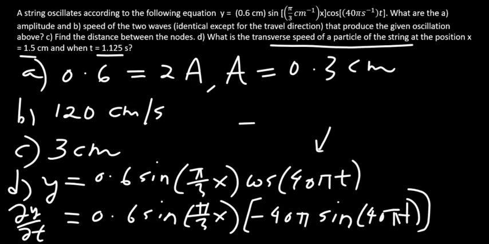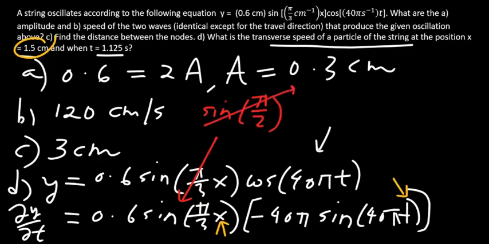Now let's substitute x to be 1.5 in here and t to be 1.125 in there. The first part, the sine part, when you substitute x to be 1.5, will give you sine pi over 2. Sine 90 degrees is 1.